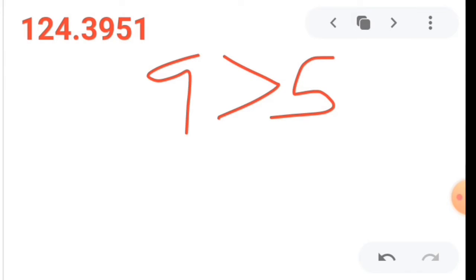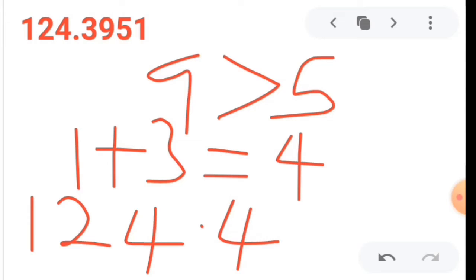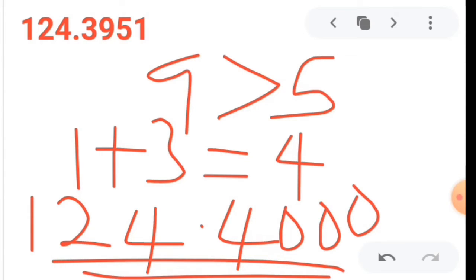So because 9 is greater than 5, we change it to 1 and add to 3 to give us 4. So rounding 124.3951 to the first decimal place, we get 124.4. And the numbers after the first decimal place, we replace all of them with zeros. So we have 124.400. I know it's very, very easy.